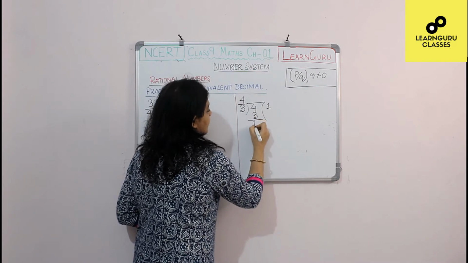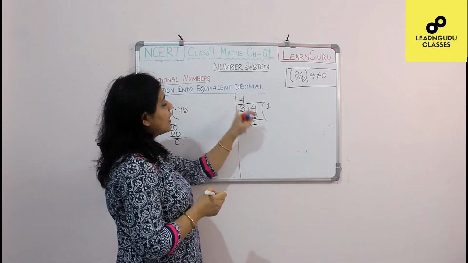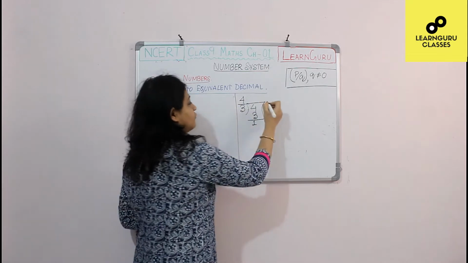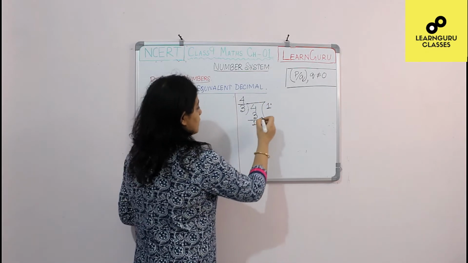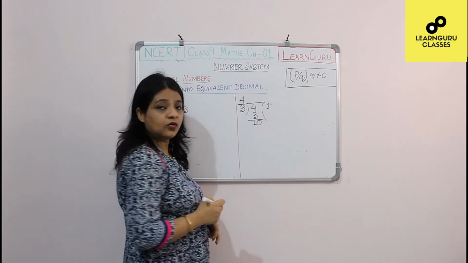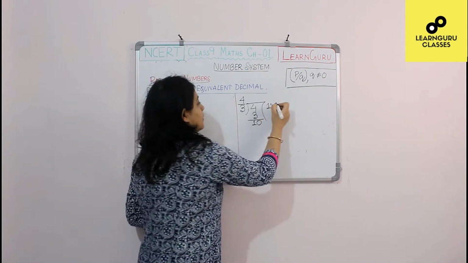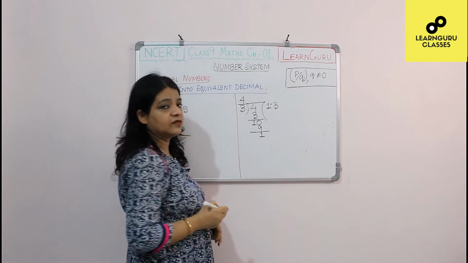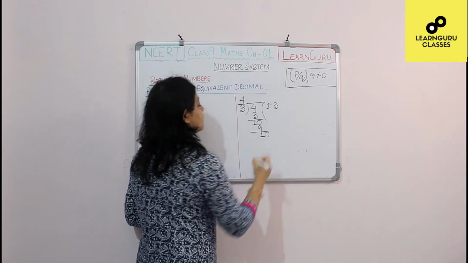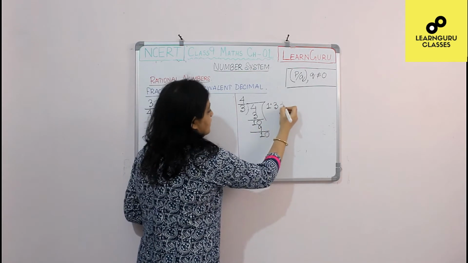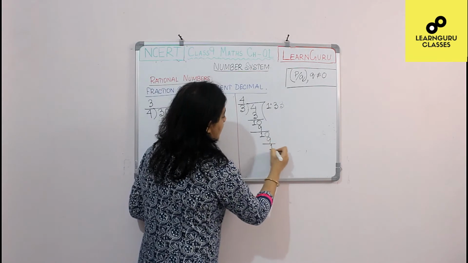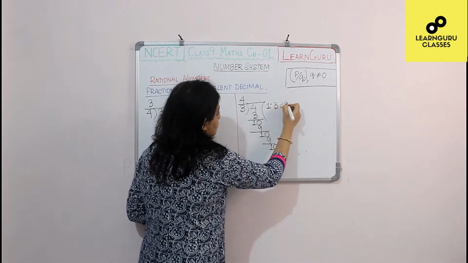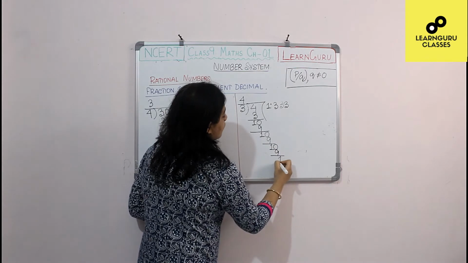You are getting the remainder as 1. Again 1 is less than 3. So you have to give a decimal. Then you have to give a 0. 3 3s are 9. Again you are getting the remainder as 1. Again you give this as 0. 3 3s are 9, remainder 1. Again 0, 3 3s are 9, remainder 1.